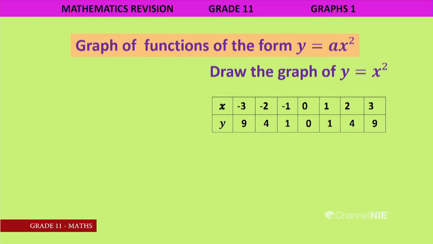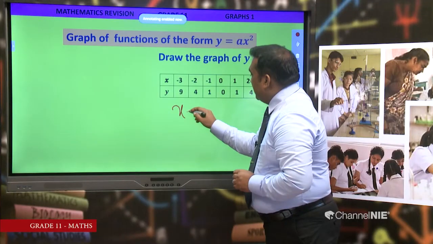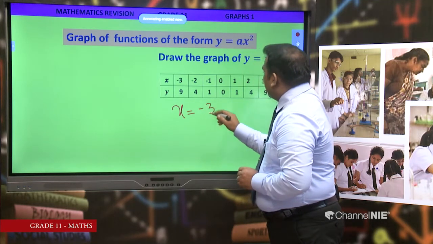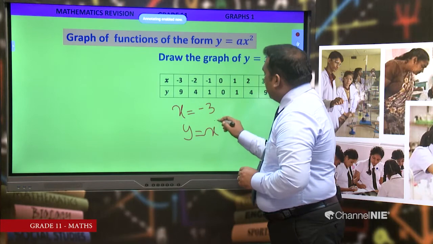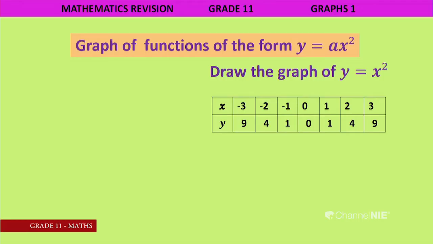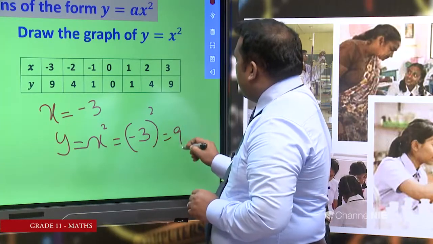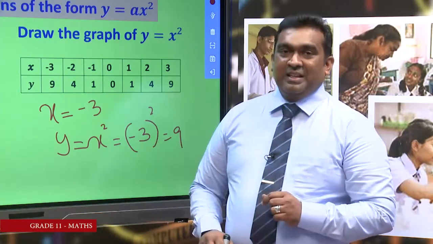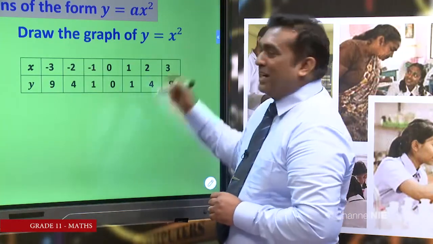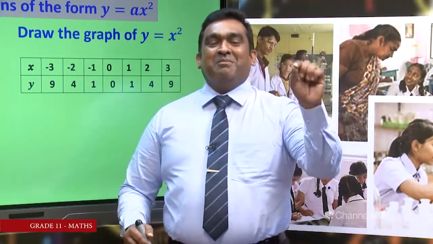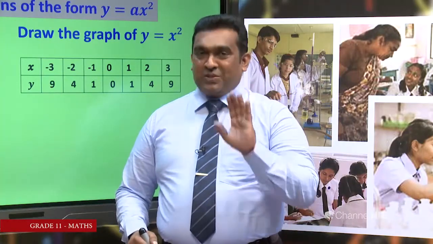When x equals -3, -3 is squared, right? We want to consider x equals -3, y equals x squared. It means (-3) squared, that is +9. Likewise here, (-2) squared means -2 multiplied by -2, +4.